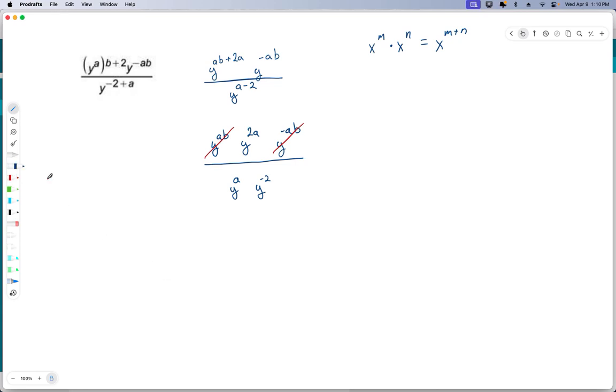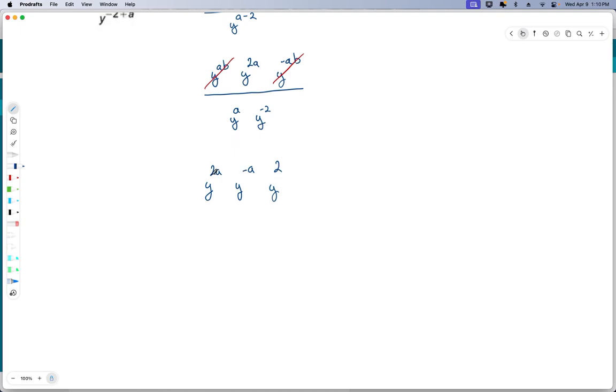The other thing I see is that I can now move this from the bottom to the top to make life a little bit easier, so everything is in the numerator. So that's going to mean that I have y^2a, that's the original one in the numerator, and now when I bring this from the denominator to the numerator, I get y^(minus a), and when I bring this one up, it's going to change the sign to a positive, y^(positive 2).